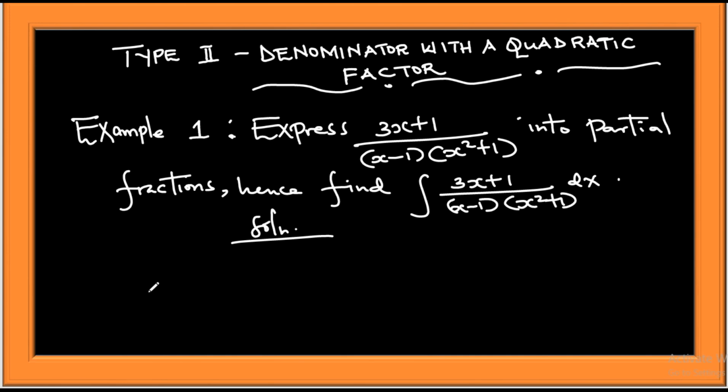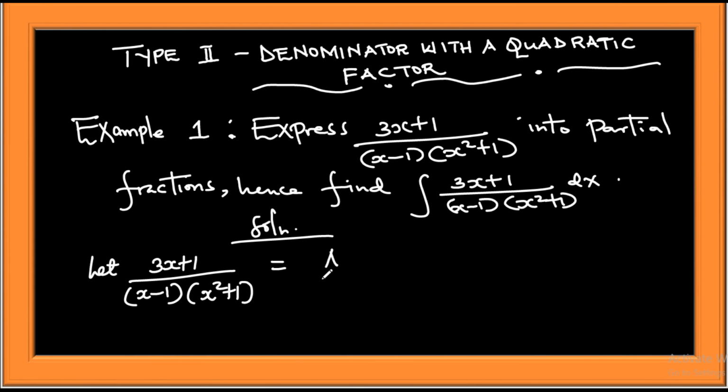So we begin by saying we let 3x plus 1 divided by (x minus 1)(x squared plus 1) equal to. Now the first factor is linear, so we shall just say A over x minus 1.